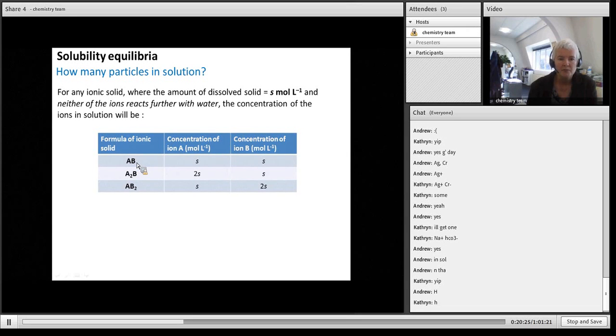So if my sodium chloride dissolves, if I've got S concentration of sodium ions, I must have S concentration of chloride. S just for solubility, that's why I chose S. You can make it any letter you like. But you'll have to have exactly the same for chloride. So if my AB ionic compound breaks up, I've got exactly equal amounts of A and B. Is that clear?